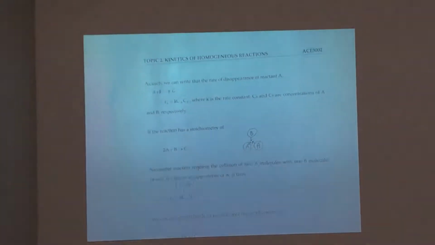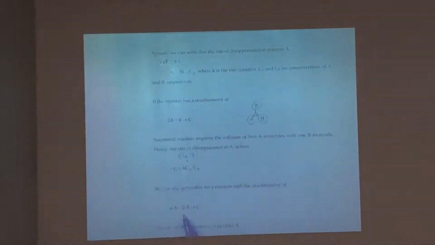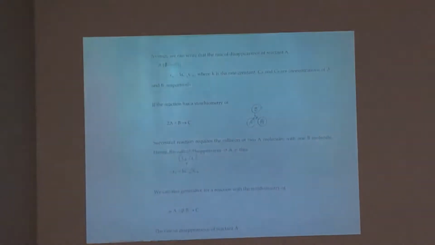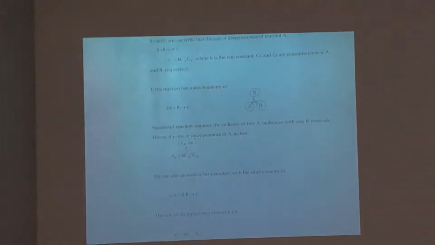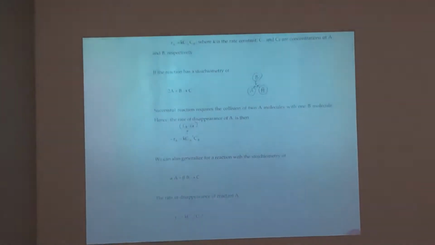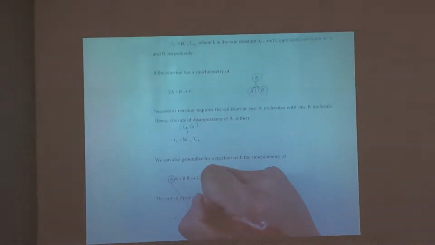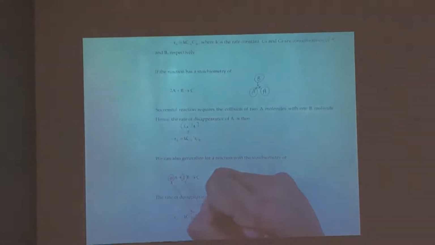If we have the so-called standard equation between reactant A plus reactant B, the rate of disappearance of A will be k times [A] to the alpha, [B] to the beta. Where does this alpha come from? It comes from the coefficient here, and the same thing for beta, from here.